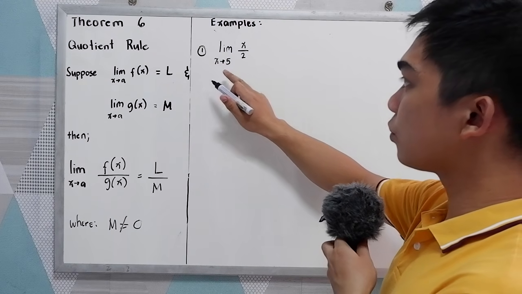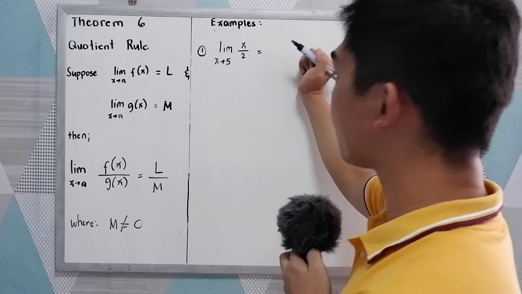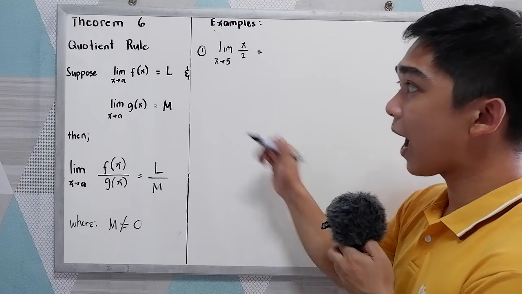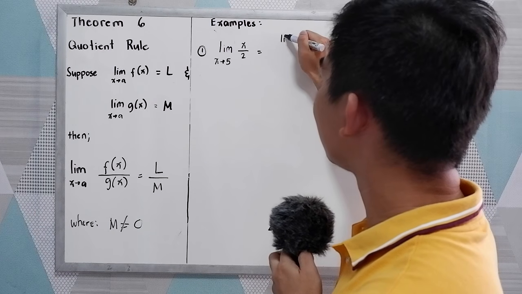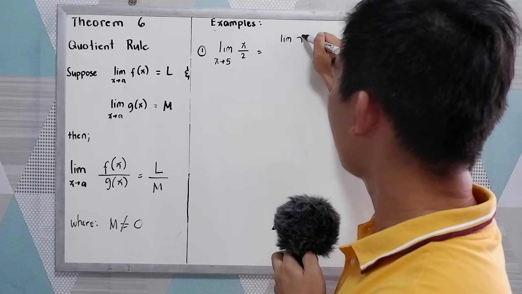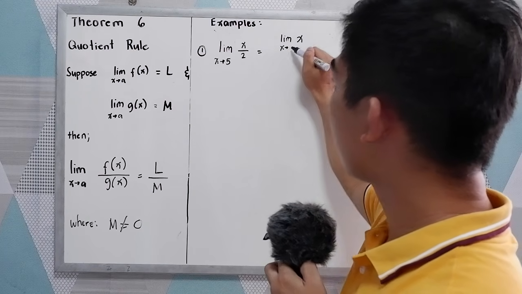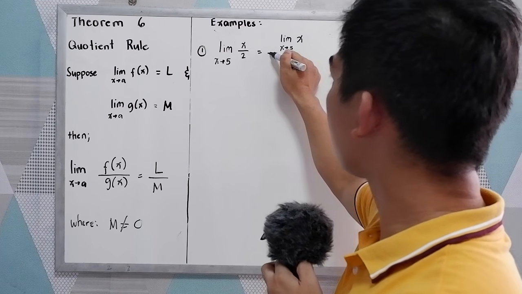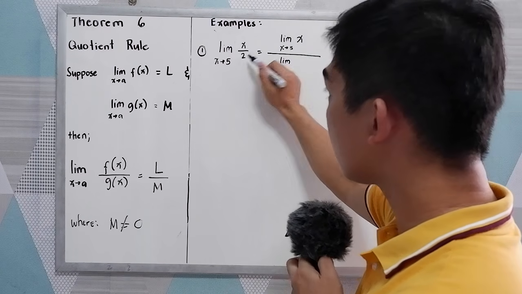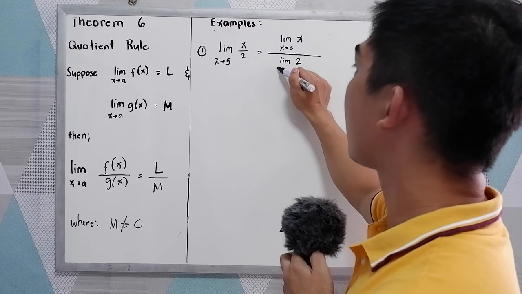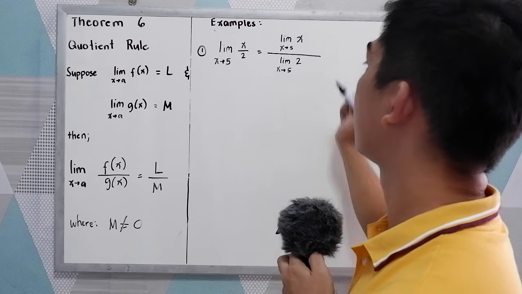Limit of x over 2 as x approaches 5. So that is equal to, let us apply our quotient rule. We have the limit of x as x approaches 5 all over the limit of 2 as x approaches 5.